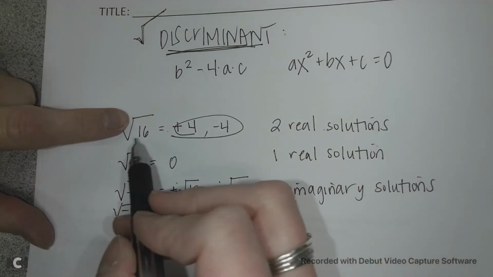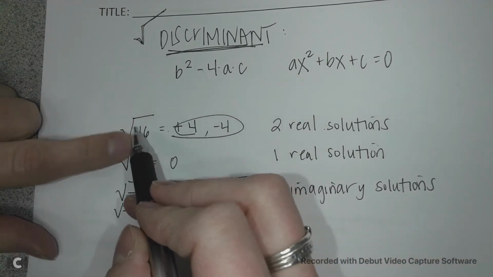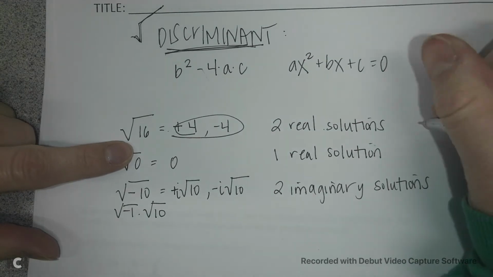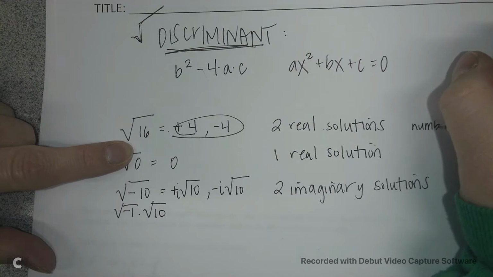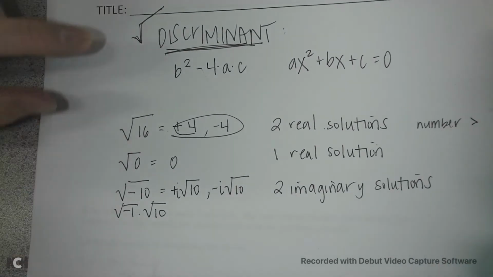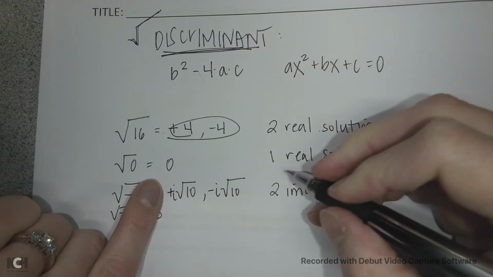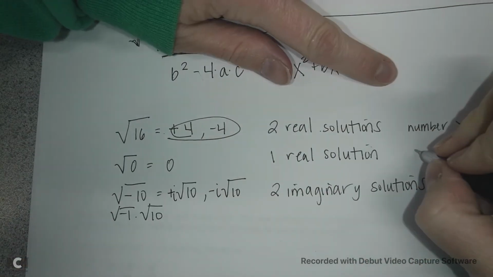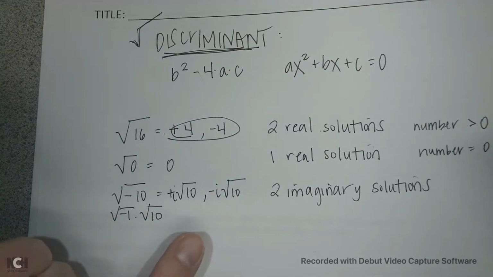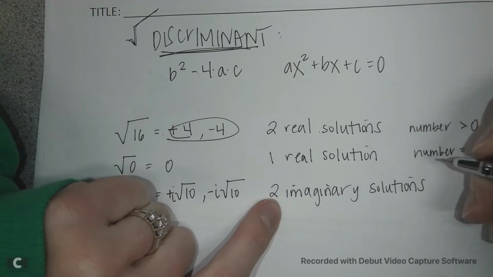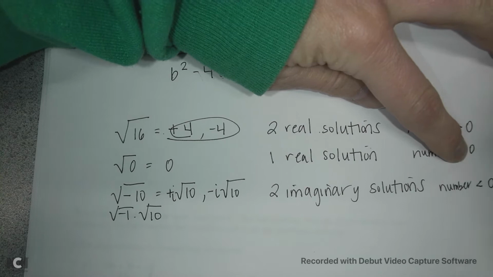In order to get two real solutions, our number underneath our radical needs to be bigger than 0, not or equal to. In order to get one real solution, it has to be equal to 0. And in order to get two imaginary solutions, then our number has to be less than 0.